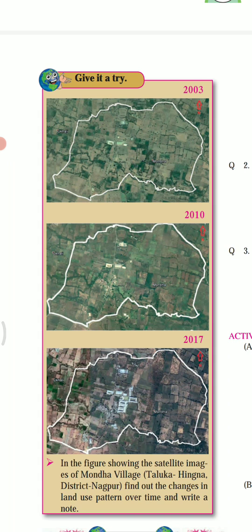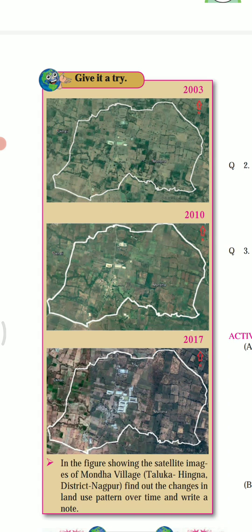Now the second question, that is, what kind of changes have taken place? Children, in Mondha village, the agricultural land use has decreased and the non-agricultural land use has increased.